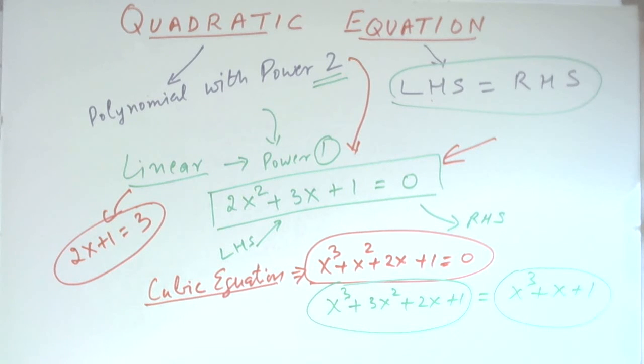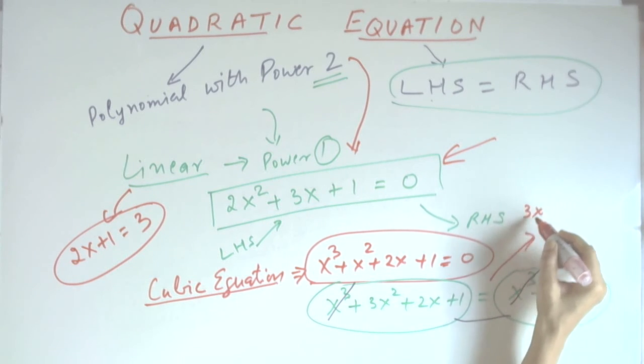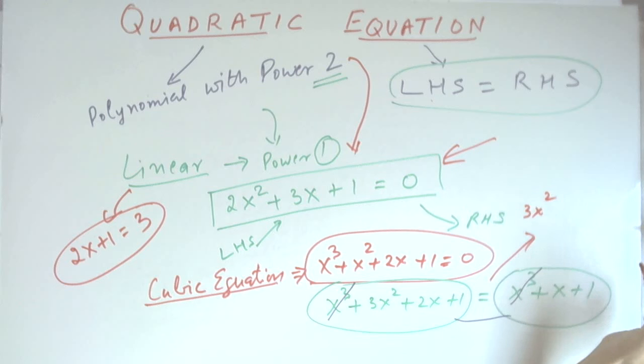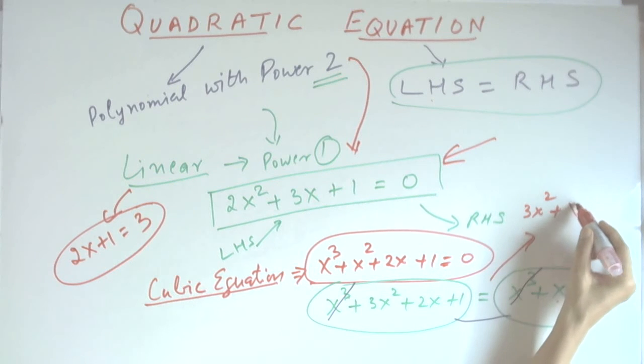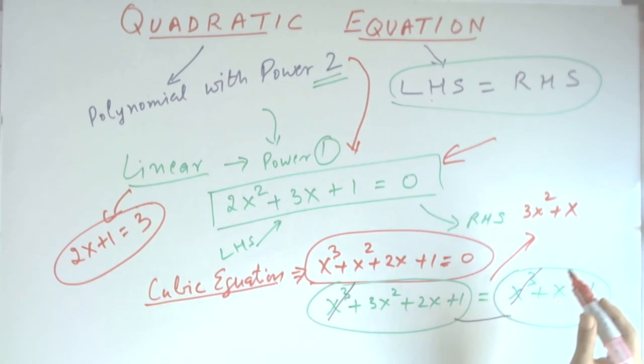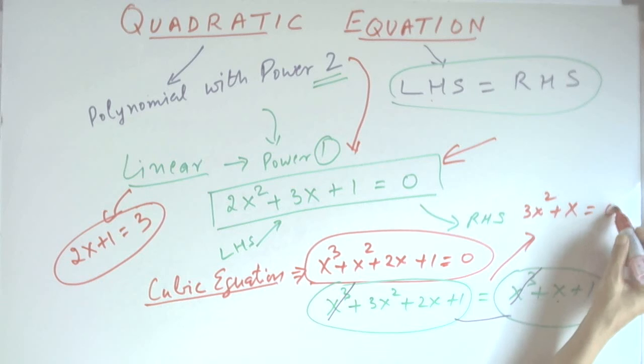So this x cube will get cut from here, and this equation will become simply 3x square, and then 2x and x will go here, so 2x minus x, and then 1 and 1 is equal to 0.